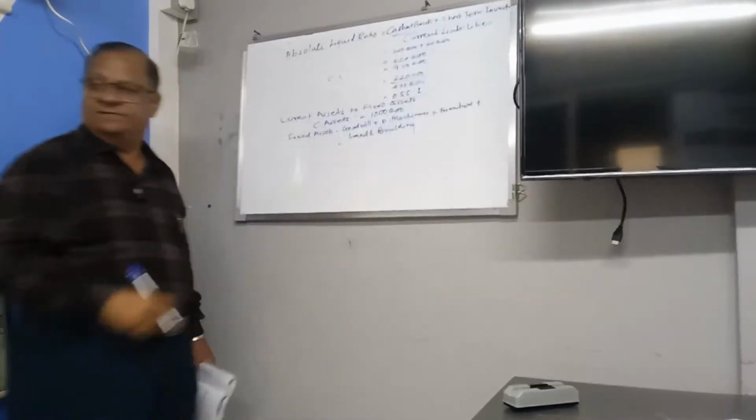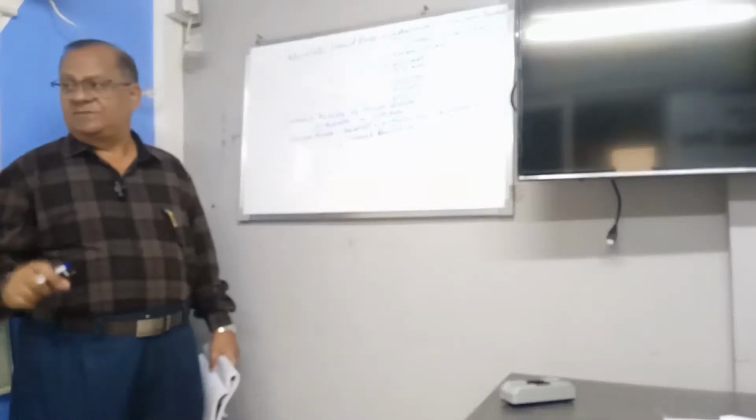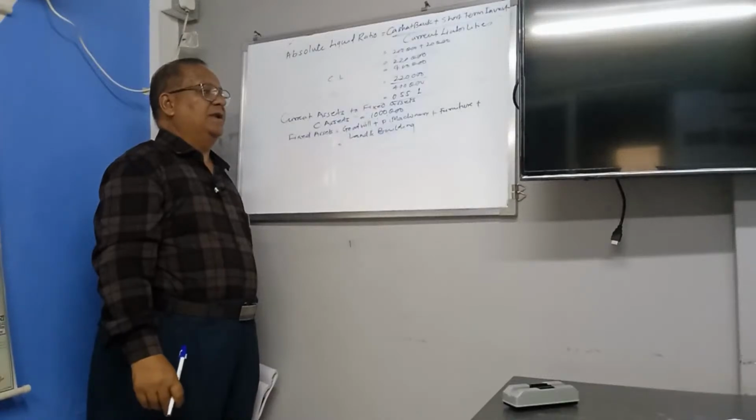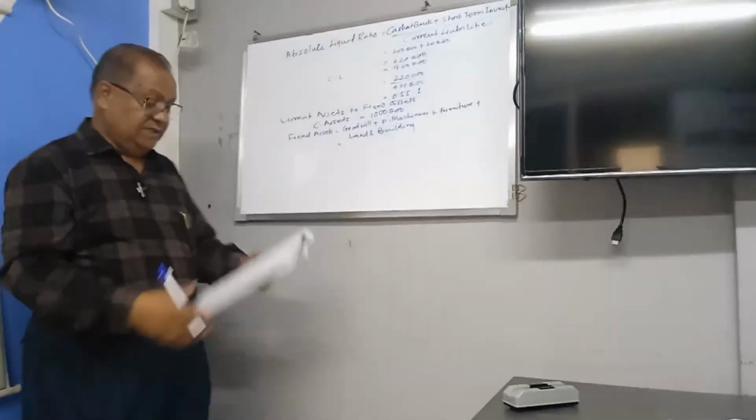In the balance sheet given to you, goodwill, plant and machinery, furniture, and land and building are the fixed assets.